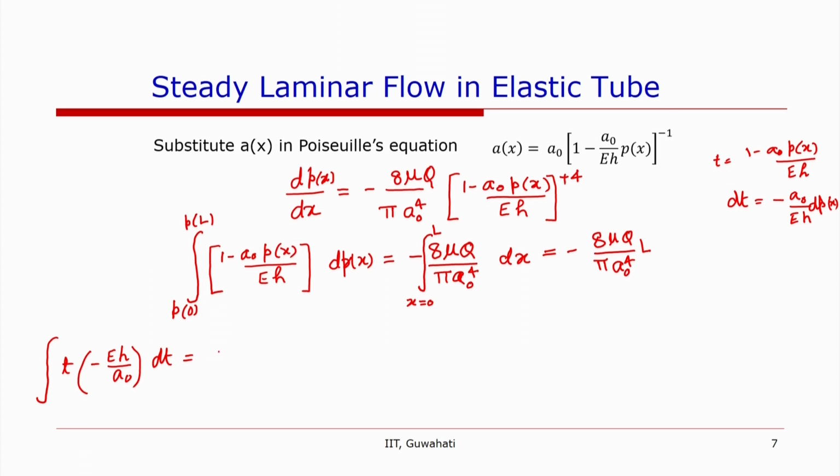This is equal to minus 8 mu Q over pi A naught to the power 4 L, and this is P naught. So at P naught this becomes 1 minus A naught P naught over EH, whereas at PL it becomes 1 minus A naught P at L over EH, and there is a mistake of power that we have left here. That was supposed to be t to the power minus 4.